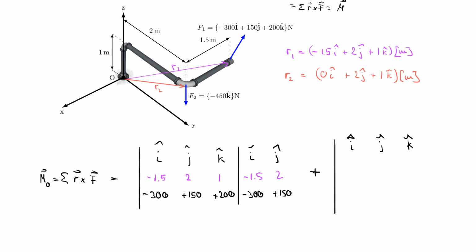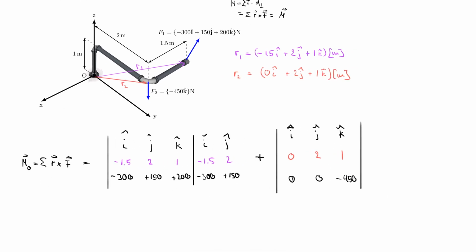And I now have to use my second lever arm, which is 2 and 1. And my force now is really nice. It's 0 i hat, 0 j hat, and minus 450 k hat. Last but not least, I need to bring in my i hat, j hat. Down here I have 0, 0, and then I have 0 and 2.